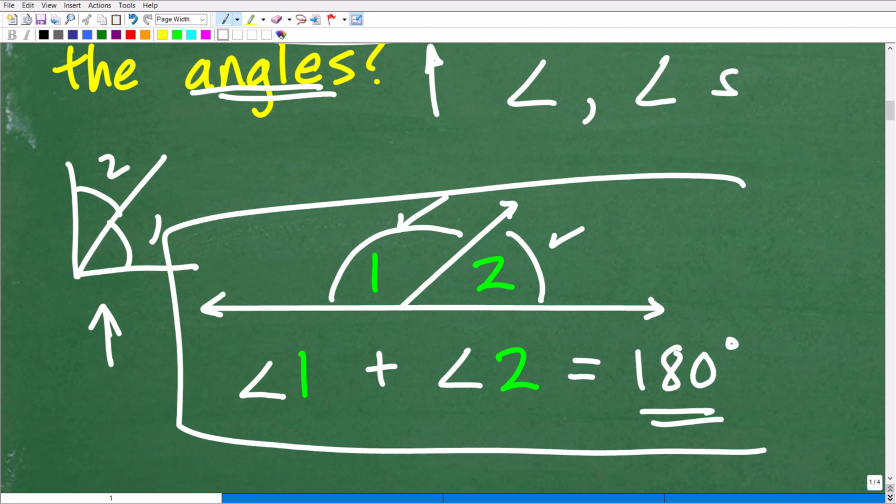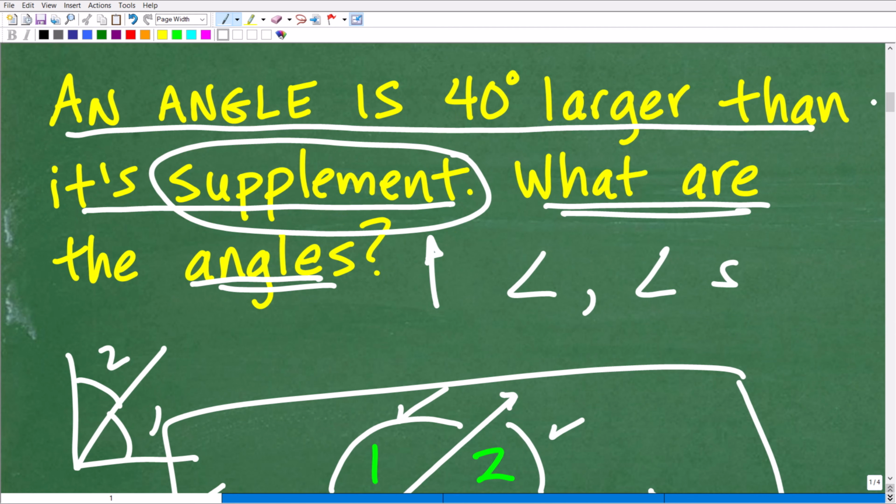But the situation we're talking about here is supplementary. So the angle and its supplement add up to 180 degrees. With that, you're now taken care of, if you were confused and thought you could do this problem if you only knew what supplement meant.